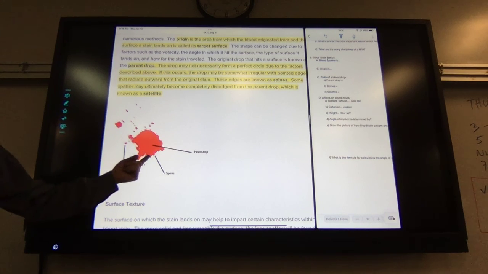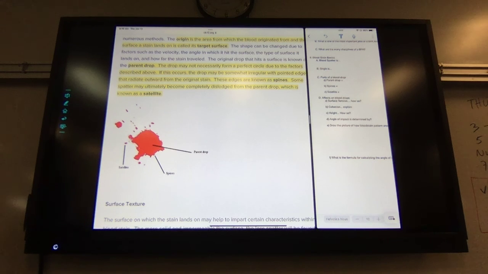And then you can also see along the edges of the blood stain, there's going to be spines that reach out, almost like the spines on a porcupine. And rarely are they all the way around. The spines are going to be in the direction of the movement.